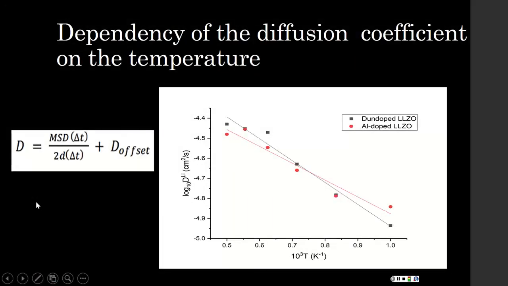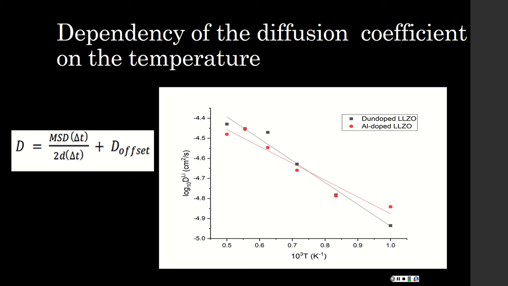So that is the third part of the whole calculation or whole plan. In this part I have calculated the diffusion coefficient and the activation energy. So how have I done that? I have basically followed this simple equation. After the molecular dynamics, I plotted the mean square displacement versus time step graph, which basically gives me the slope, mean square displacement by delta t.